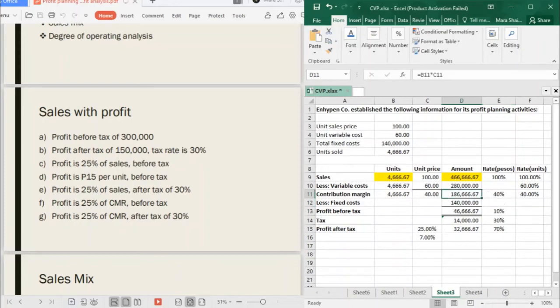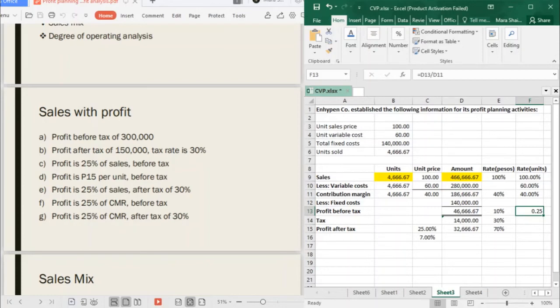And then let's check if 460 over 1860 is 25%. So if we divide by 186, it is indeed 25%.